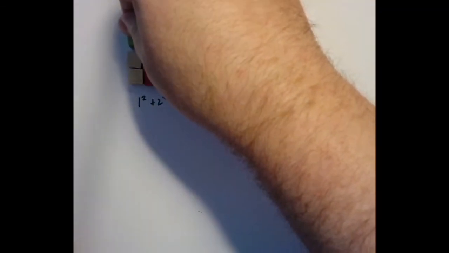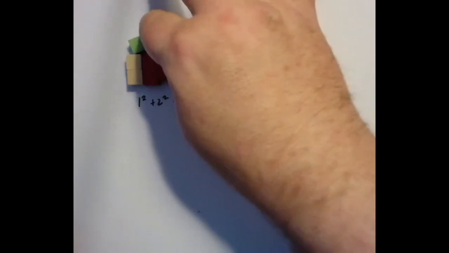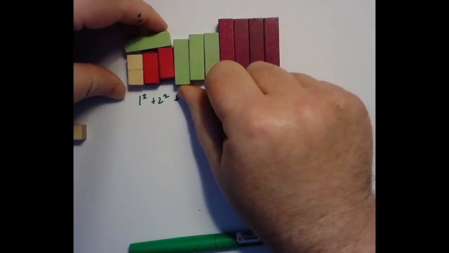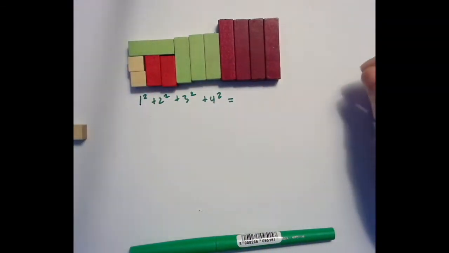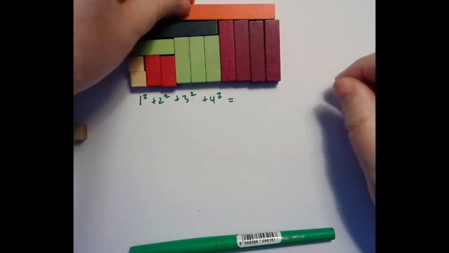I'm going to add a 1, and then I'm going to add a 3, like that. And if I get this in right, I add a 1, like this. And then I'm going to add a 6, and then I'm going to add a 10.